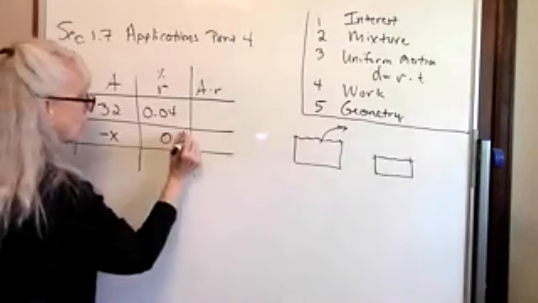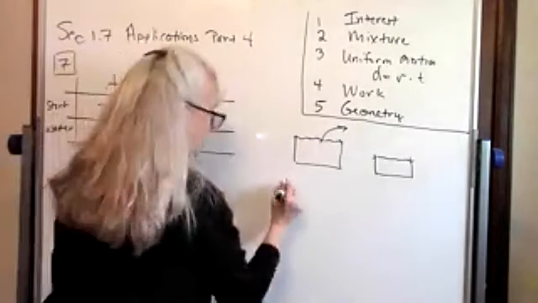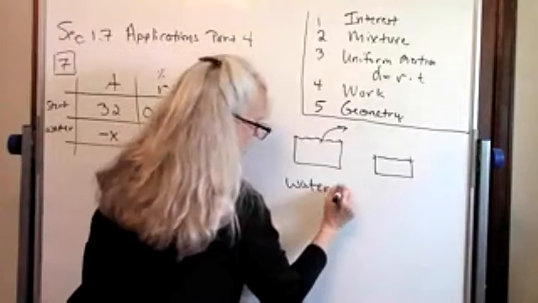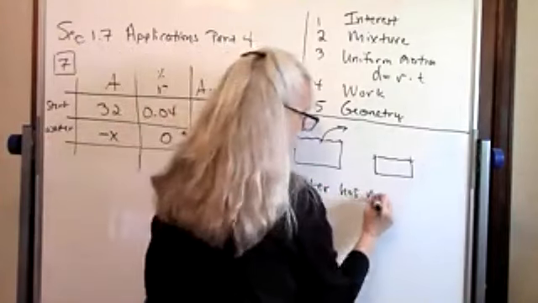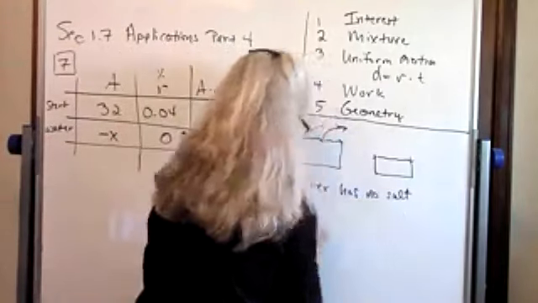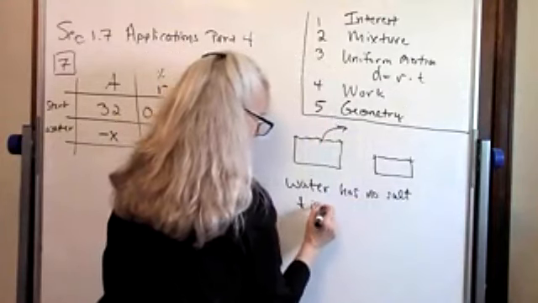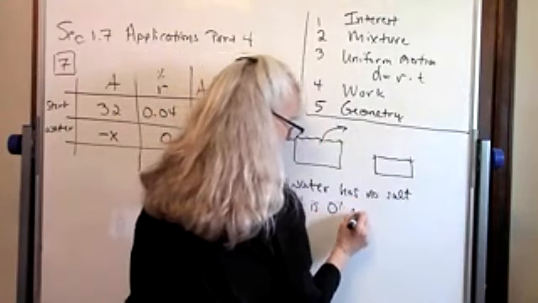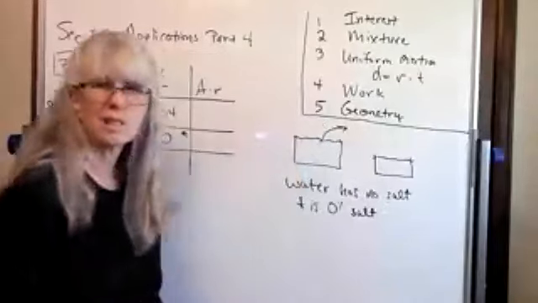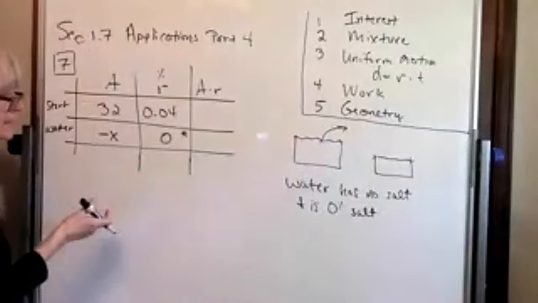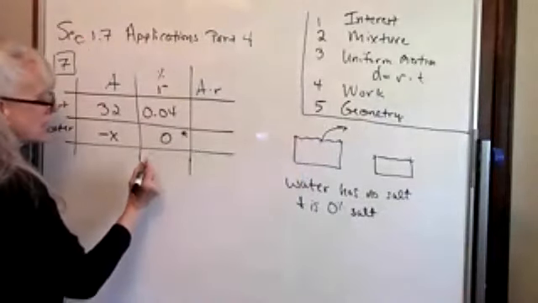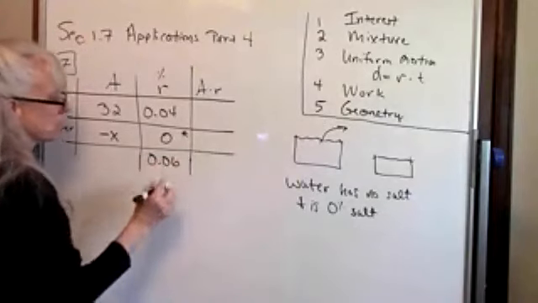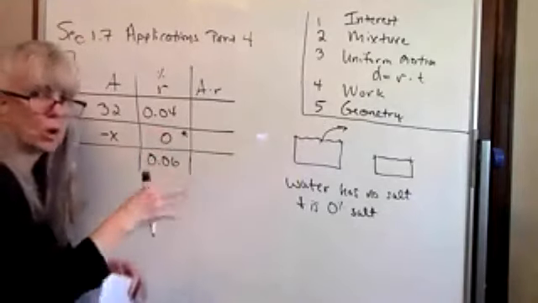And let's make a little comment to ourselves, right? That water has no salt and is 0% salt. And that's the sneaky twist to this one. To make sure you recognize that. And when it's all said and done, we're going to end up with a 6% solution because we're taking water out of it. There's more salt in what's left.